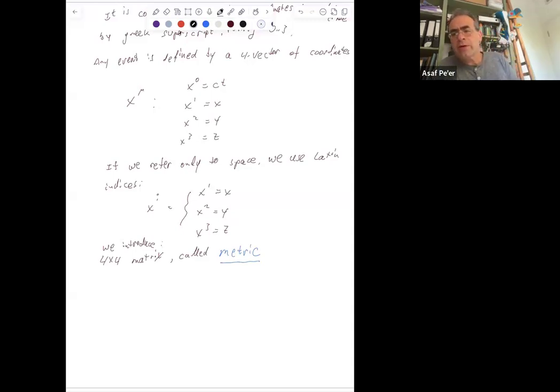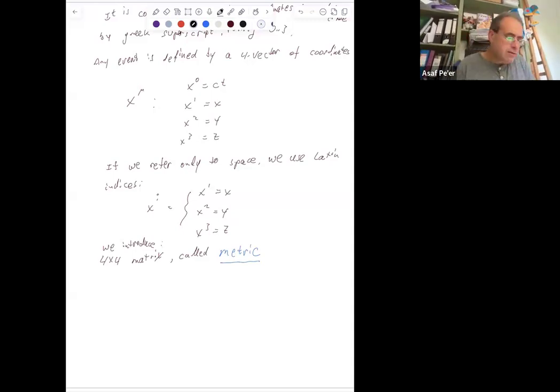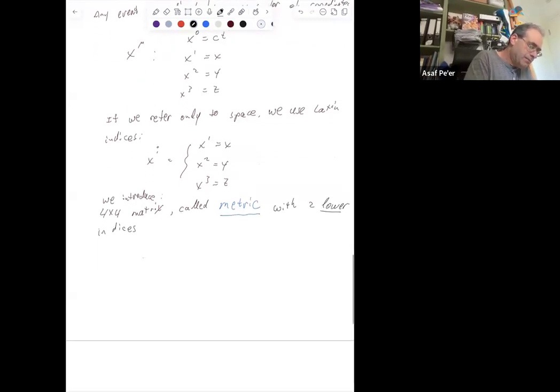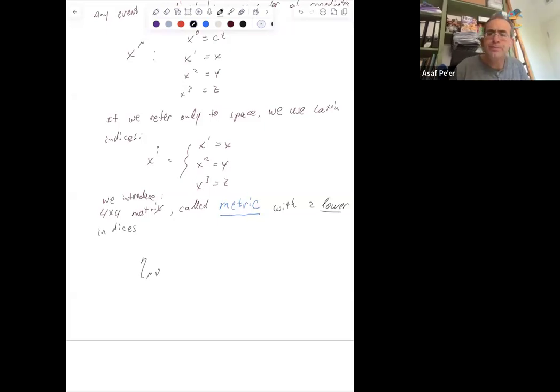And this matrix we're going to write with 2 lower indices. So we're going to call it eta, and it's going to contain 2 lower indices, mu and nu. And it's a very simple matrix.